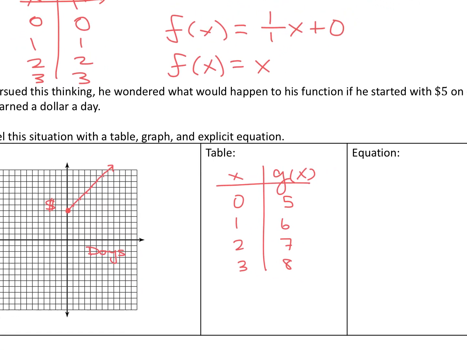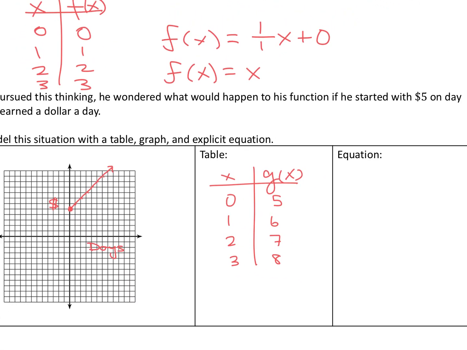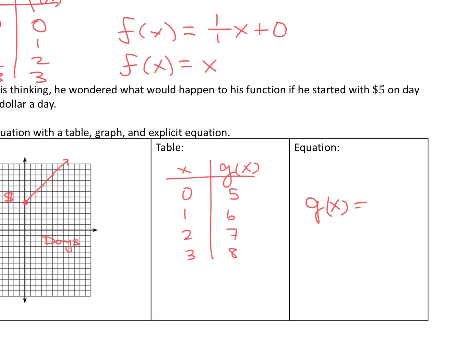Which means the equation for this looks very similar to the one that we just did, except we're shifted up by $5. So g of x is going to be the same slope 1/1, the same pattern 1/1. So I could write 1/1 x, and then instead of plus 0, it'll be plus 5. You can simplify this and write just g of x is x plus 5.